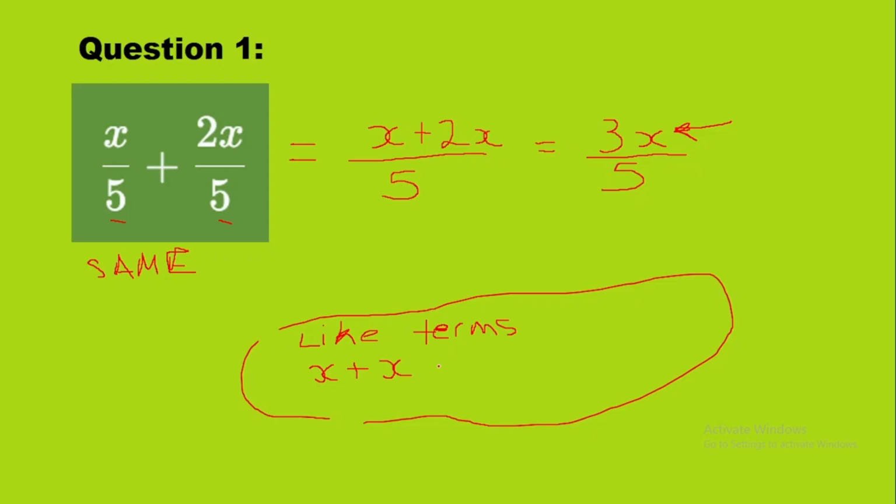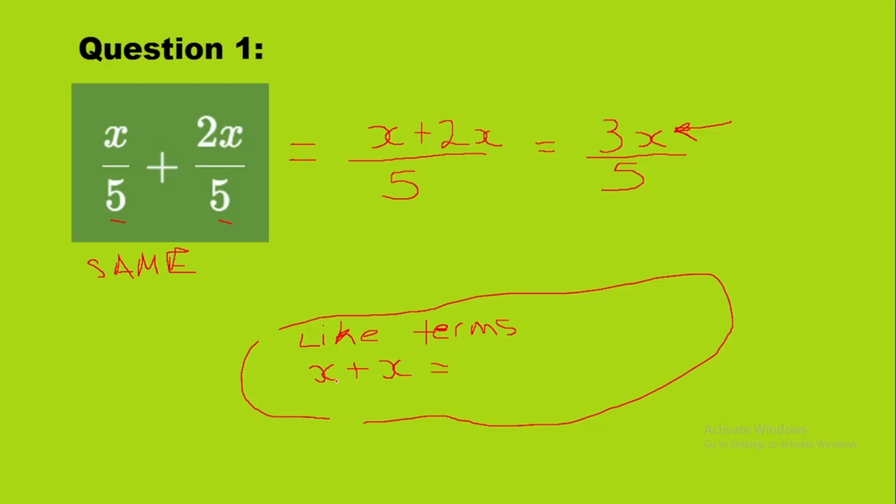If you buy from a fruit vendor an apple and a banana, you cannot say that you have two bananas or two apples or two apple bananas. There's no such thing as an apple banana. So you group the like terms, meaning group the terms that are similar. If you have x plus x, the letters are the same, so you would say you have two x's.